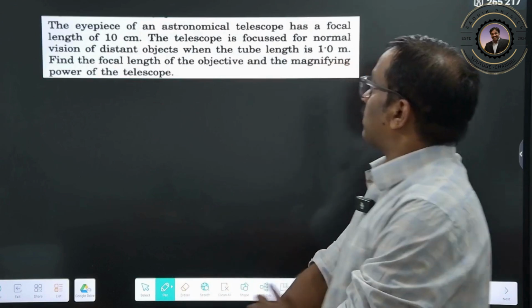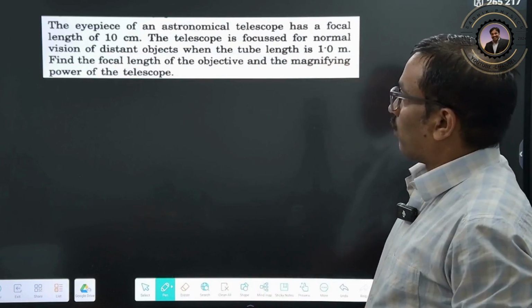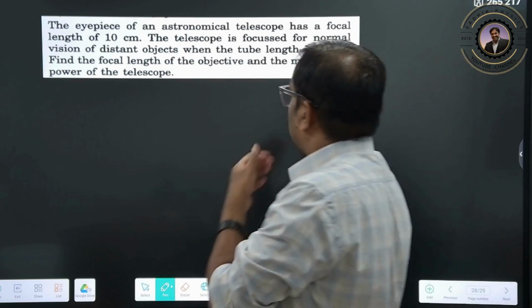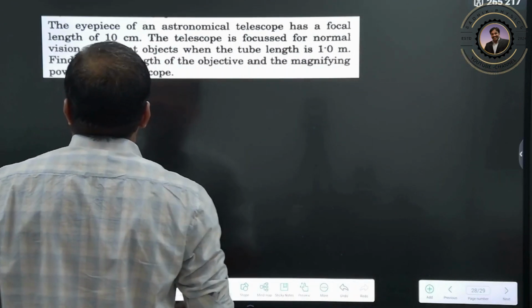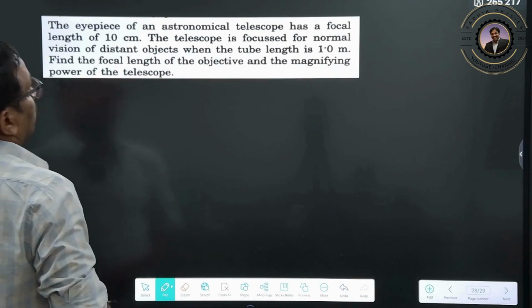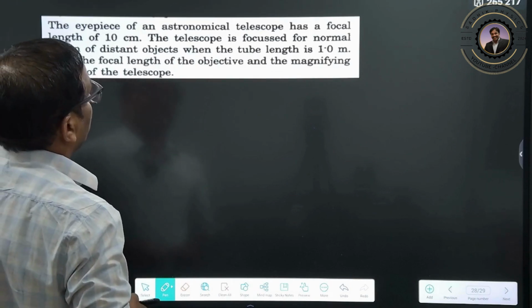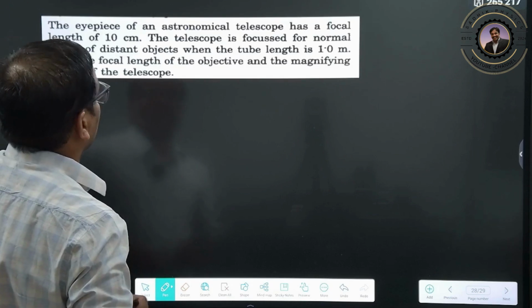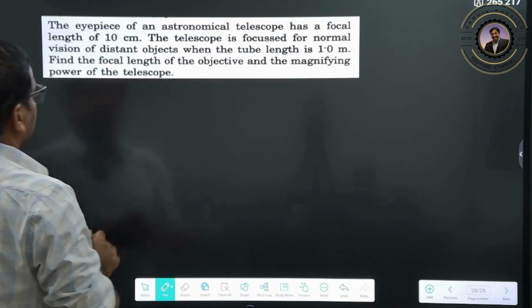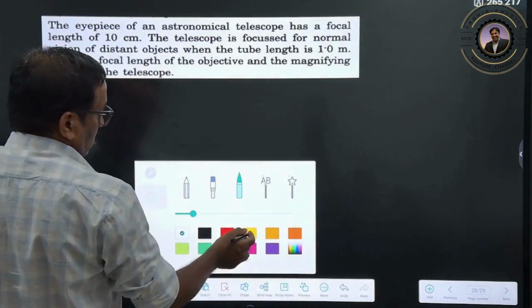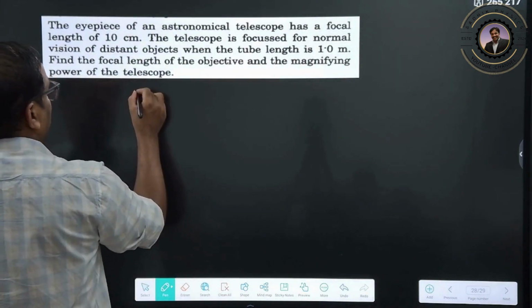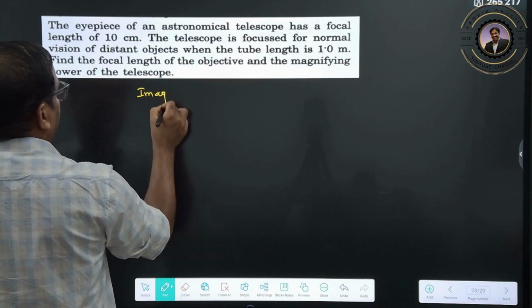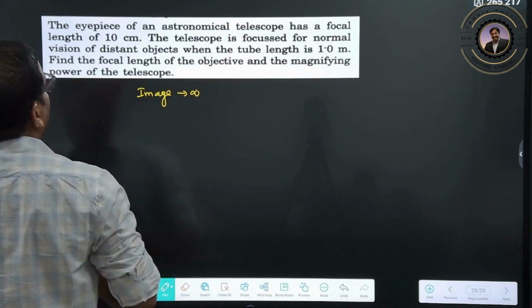The eyepiece of an astronomical telescope has a focal length of this value. The telescope is focused for normal vision of a distant object when the tube length is 1 meter. Find the focal length of the objective and the magnifying power of the telescope. So again, normal adjustment means image at infinity. Clear?